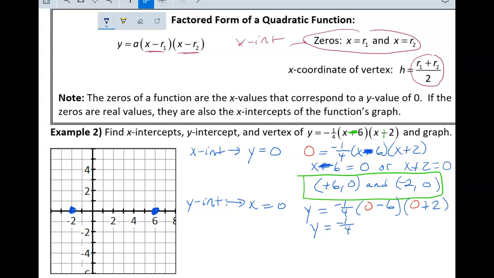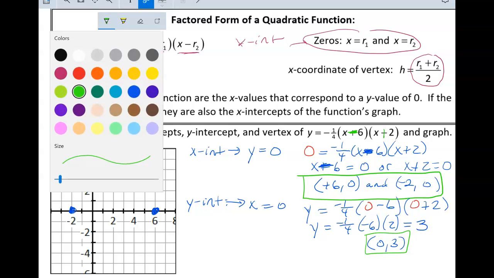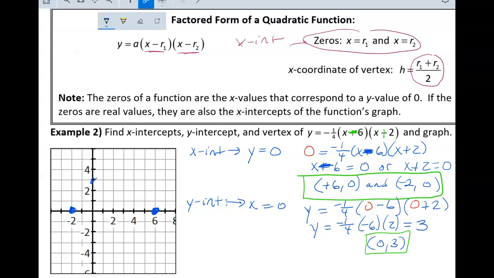So we have negative 1/4 times negative 6 times positive 2, and that's going to give us a value of positive 3. And so the y-intercept is 0, 3. Let's graph that point. And now we have a little bit of information about the parabola.